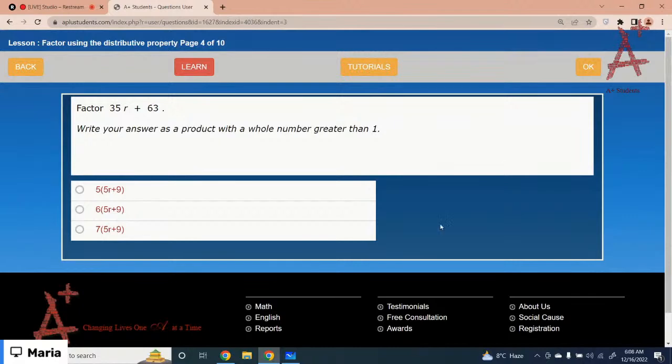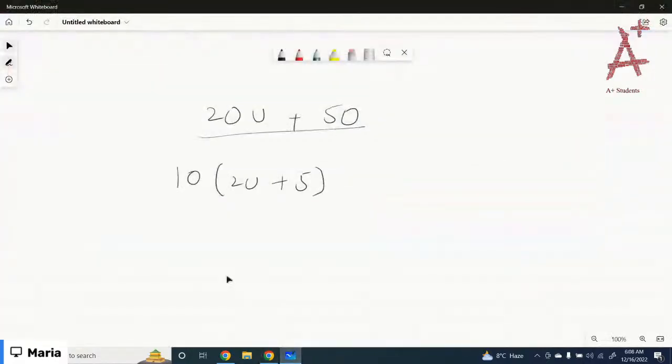Okay, the next one is 35r plus 63. Which is the common number? 7. Got it? Because 7 times 5 is 35 and 7 times 9 is 63. So you take out common 7.